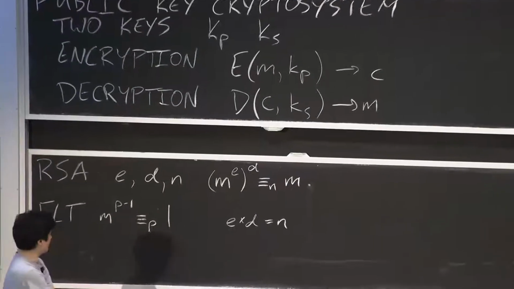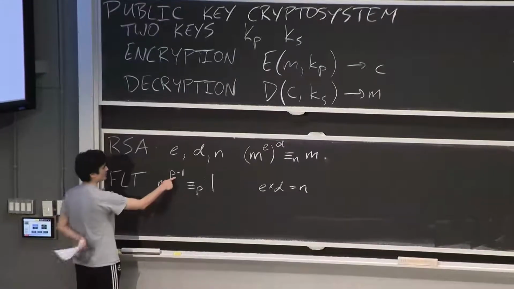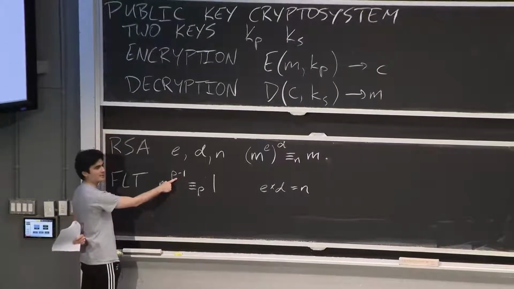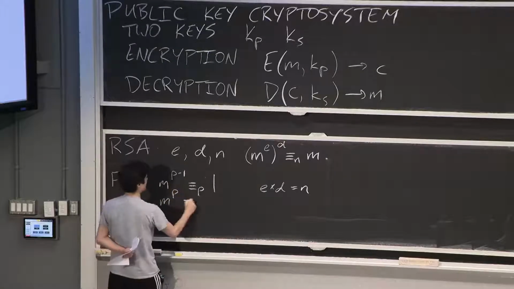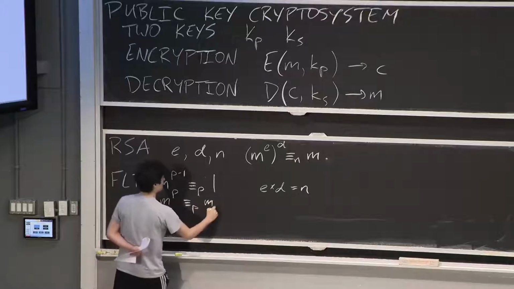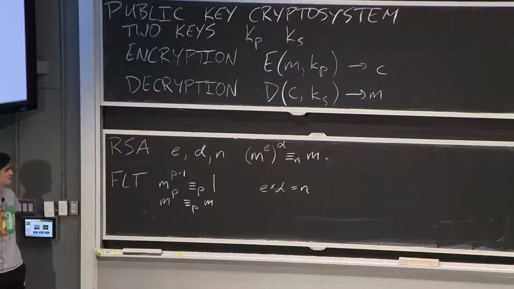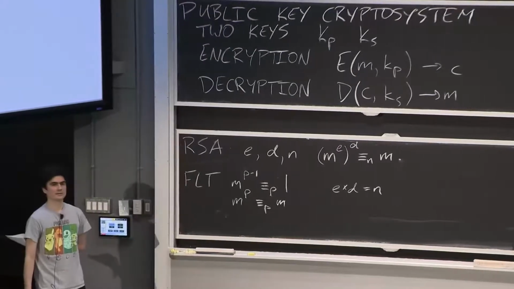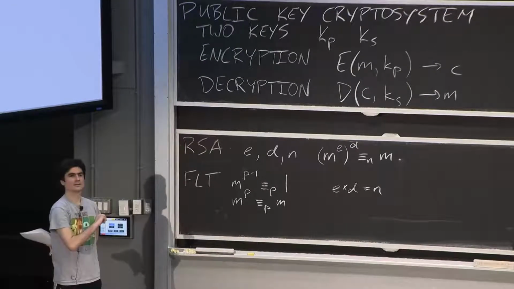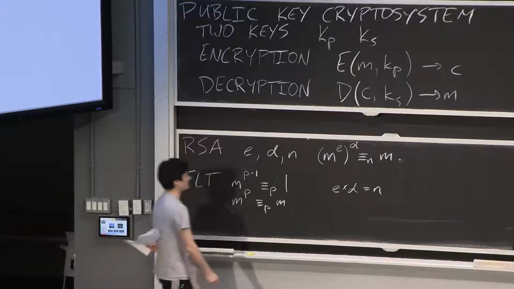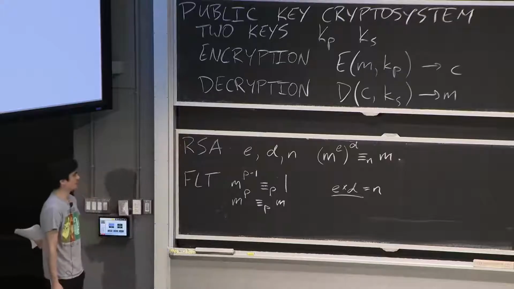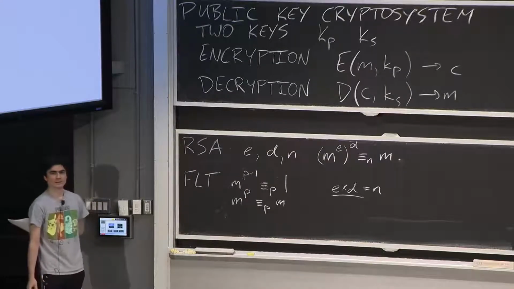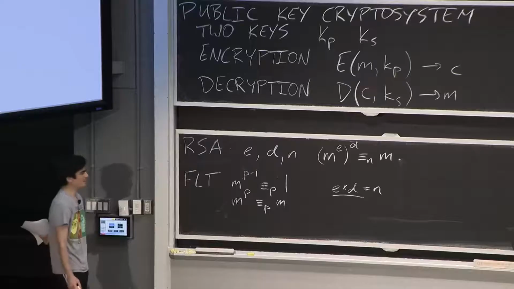Remember the exponent here is p minus 1. If you multiply both sides by m, you get m to the p is congruent mod p to m. That is actually what we want. What assumption did we have on p? Yes, p is prime. So we can't do this. It is close, though.